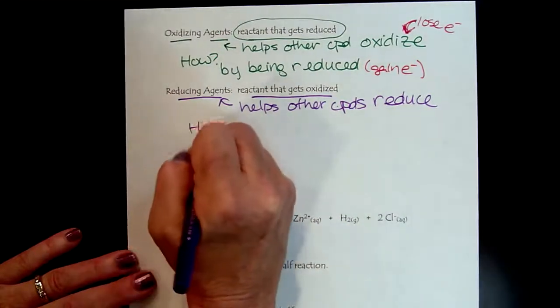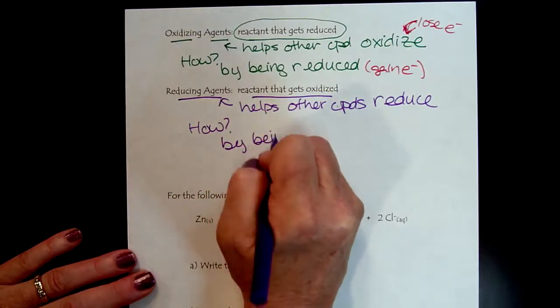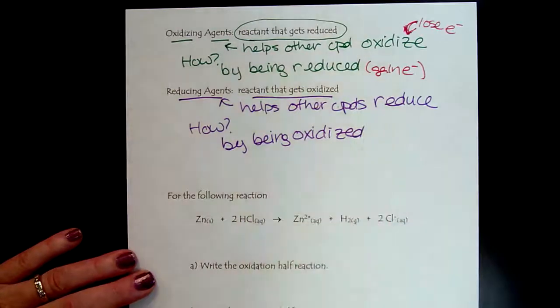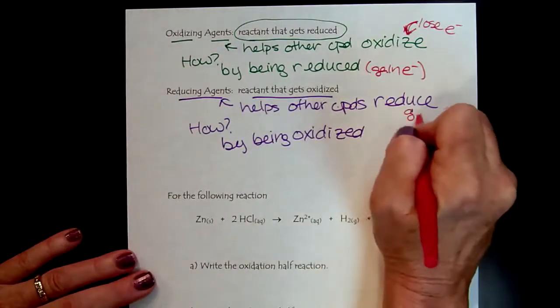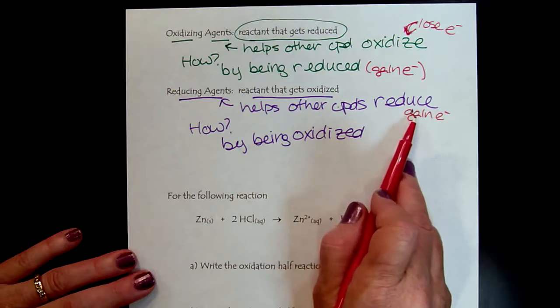And how does it do that? By being oxidized. So it's the partner in the electron handoff. So reducing is gaining electrons. So if a compound needs to gain electrons, it has to get them from somewhere.